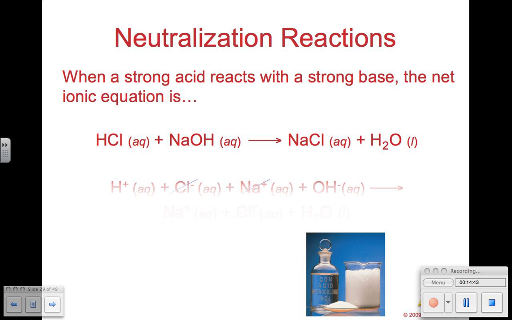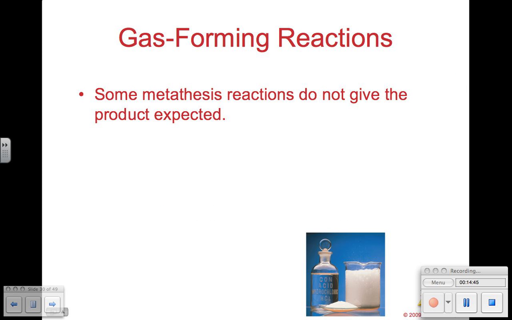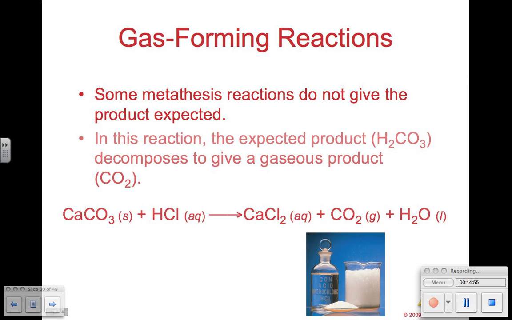All right, so gas-forming reactions, ones where we get bubbles coming off. Some metathesis reactions do not give the product expected. So in this reaction, the expected product, H2CO3, decomposes to give a gaseous product. So we have hydrochloric acid combining with calcium carbonate.